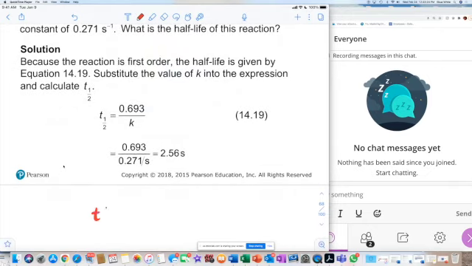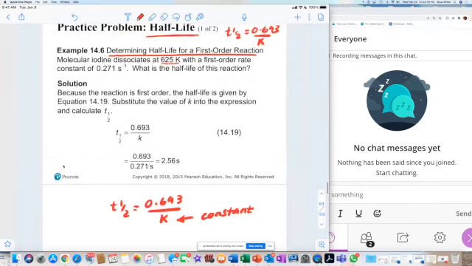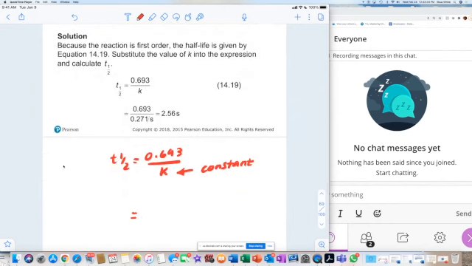I know they have worked it out here, but I'm still going to work it out. 0.693 over K. And this K here stands for the constant, right? Not the temperature. I have seen some, I won't mention who because I've forgotten who the people are, who will see 625 K and then just place 0.693 over 625 K. After all, K goes to K, right?